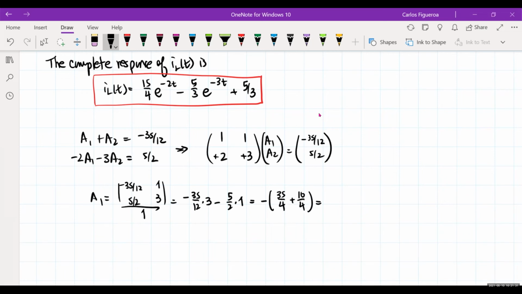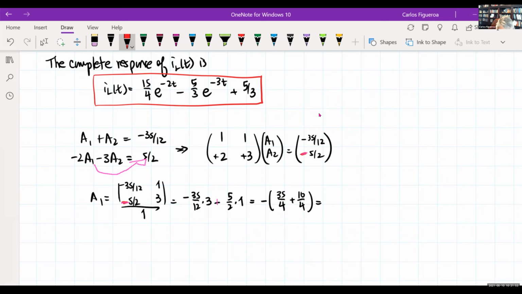Carlos, Carlos, we dropped a negative sign. What? Why? When you moved the negative sign over here, it didn't end up over on the right side in the next step. Okay, so thank you. This should be negative. Perfect. This should be positive. So let's put that negative right there.